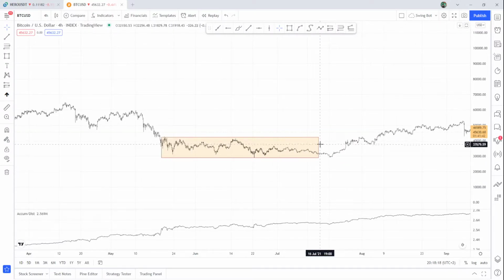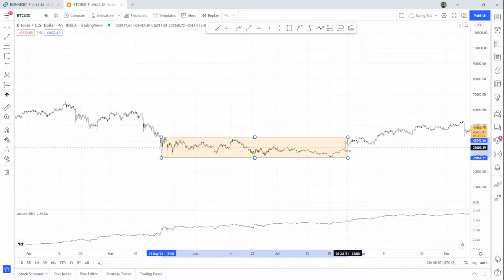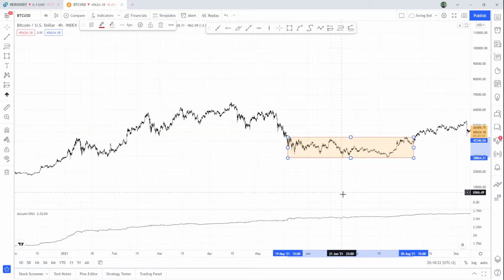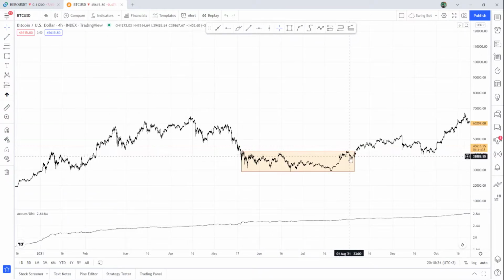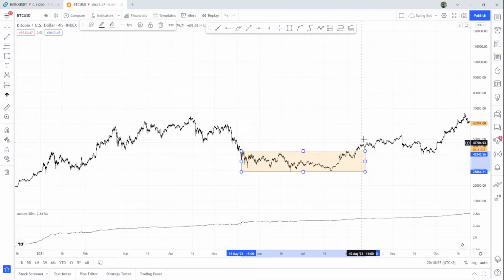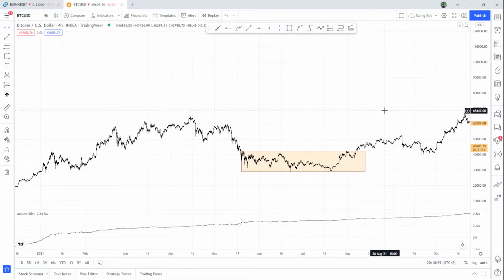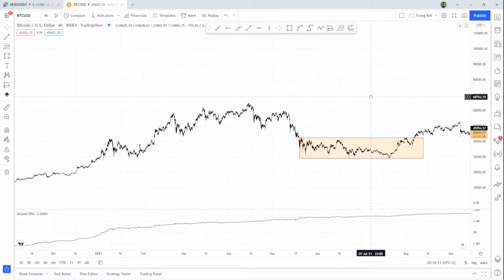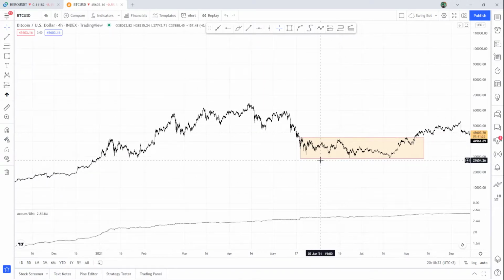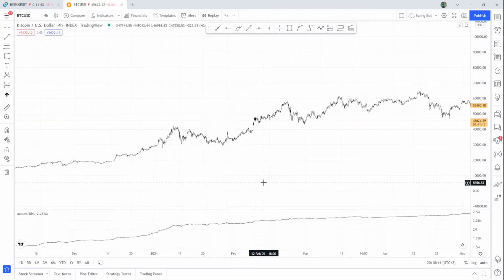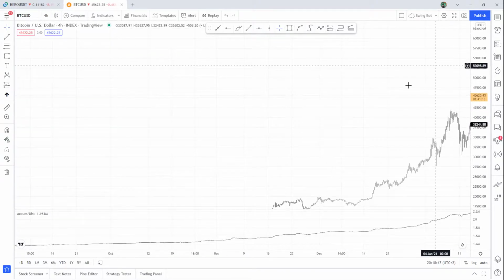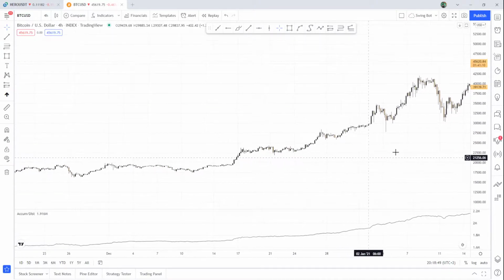This is an accumulation zone, and then we have a breakout of the zone. Yeah, this is a big accumulation zone. I can go even on lower time frames, but this is just to have an idea. Let me go on smaller moves.